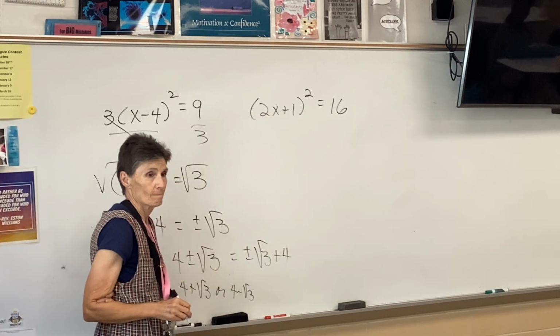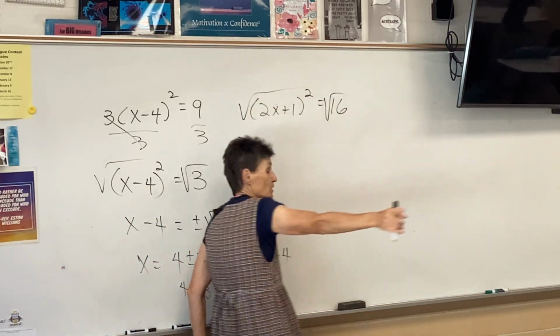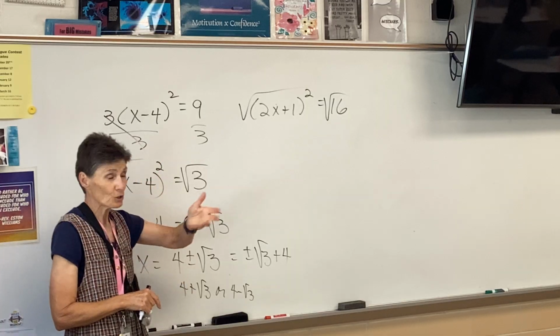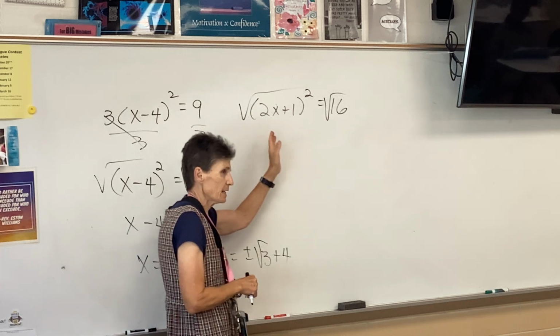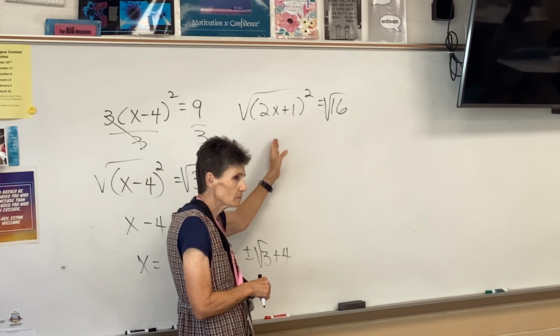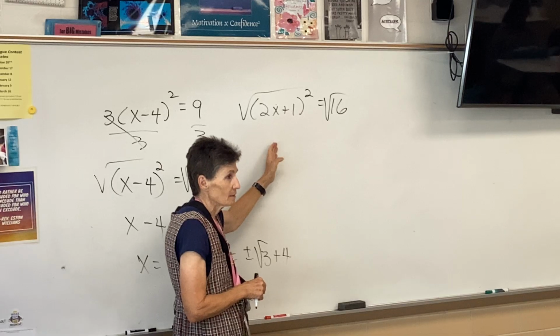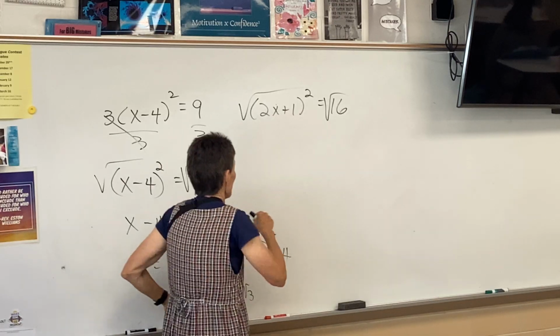Square root both of the sides, 2x. Now, very good, perfect. In the last one, I encouraged you to divide by 3 first. Can I divide by 2 here? No, why not? It's in the parentheses. You can't. You're stuck with what you've got here. So we're going to square root both sides.